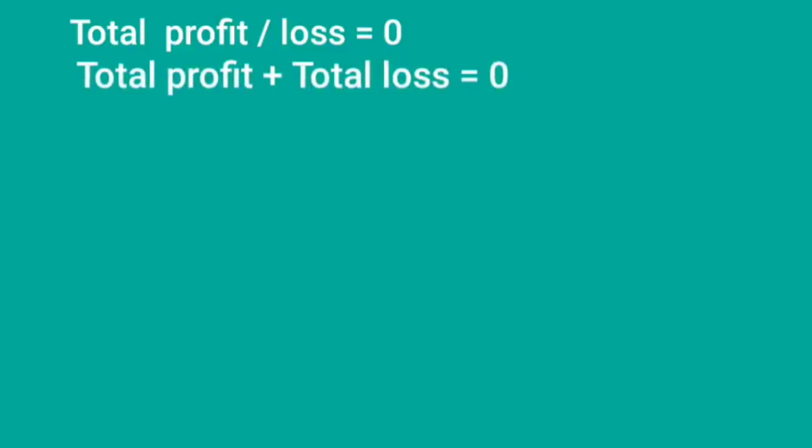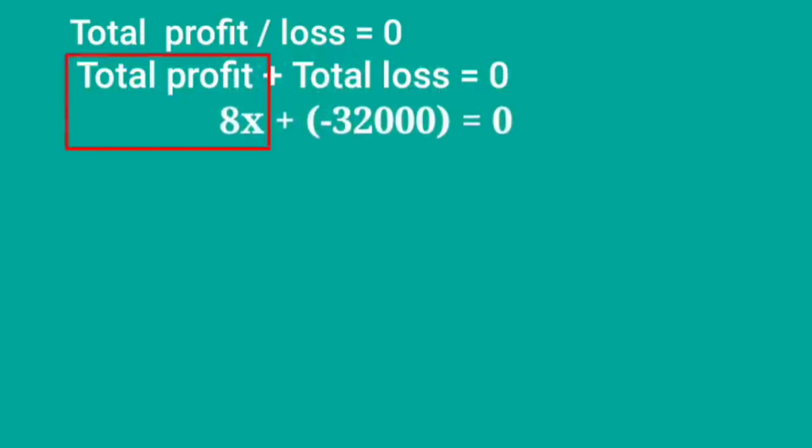When we add total profit and total loss, it should be equal to 0. Therefore, total profit plus total loss is equal to 0. Total profit is 8x plus total loss minus 32,000 is equal to 0. This is an equation.